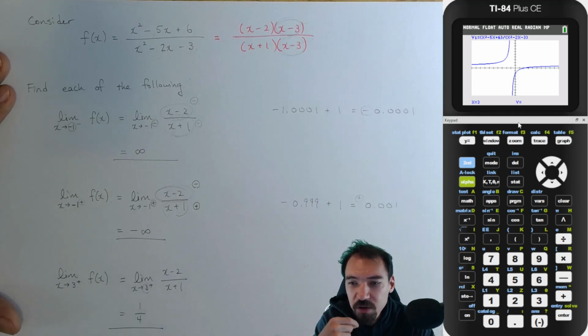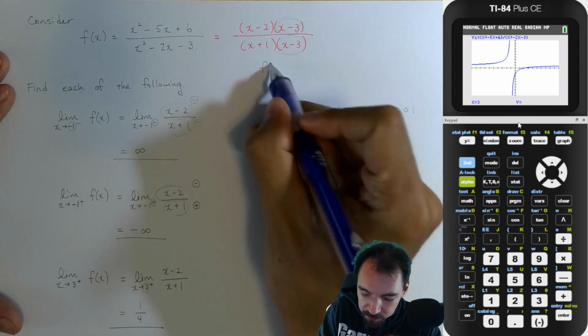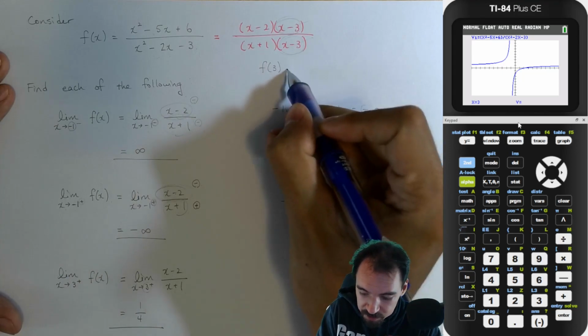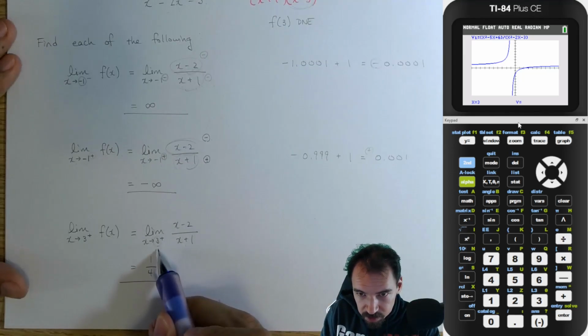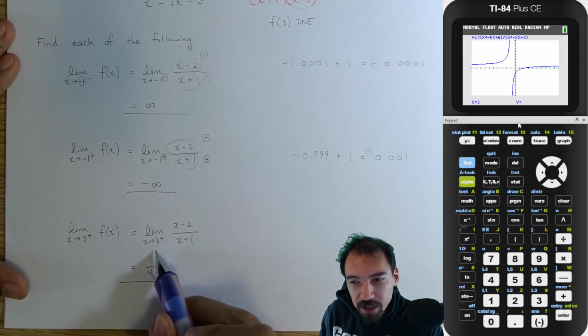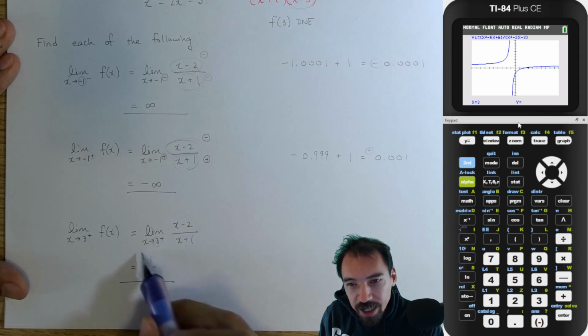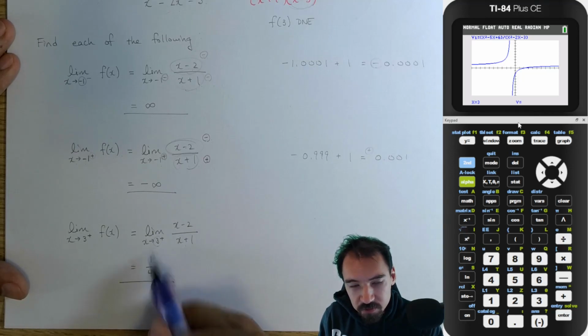So there is no y value for the graph. As in, f of 3 does not exist. It is undefined. Okay? But if we take a limit, we're saying what does the y value get close to as the x value approaches 3 from the right?